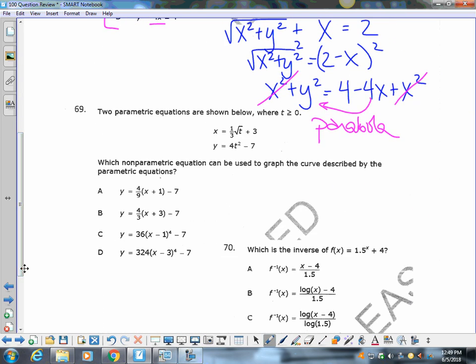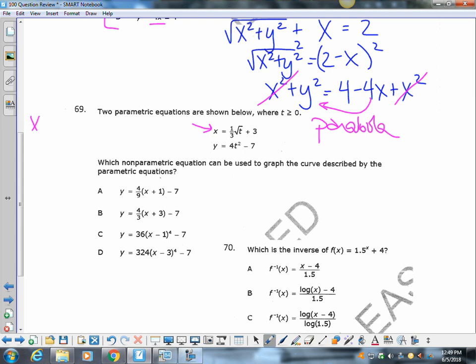This is another one of those ones where it gives me the parametric because it's got t's in it. So I'm going to solve one of them for t and plug it into the other one. Let's see. I'm going to take this guy and solve him for t.